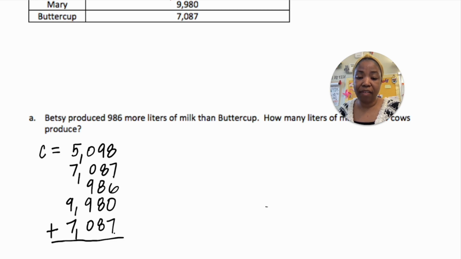7 and 7 is 14. 8 and 6 is 14. Let's see. 8, 9, 10, 11, 12, 13, 14. Yep, 14. So then that would be 28. Regroup 2. We have 1, 2, 3, 4 8s. That's 32.